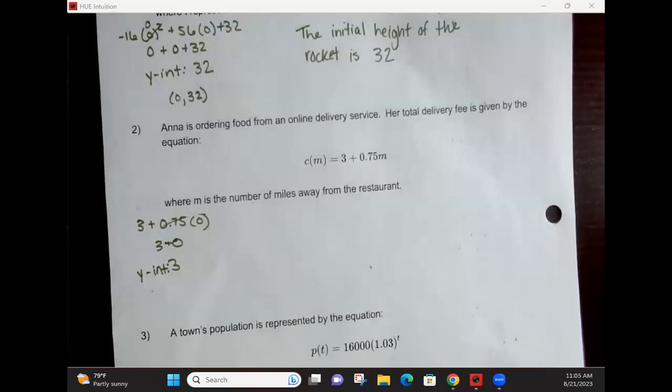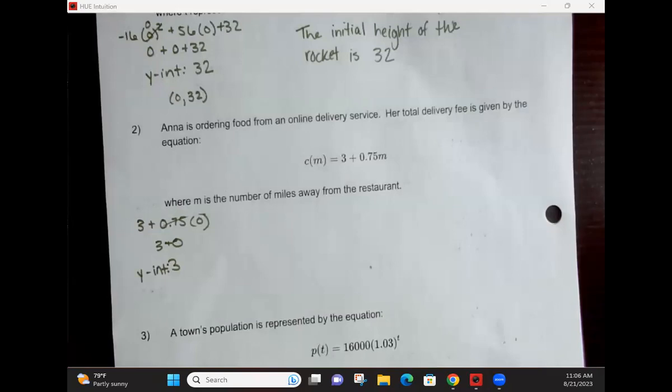I want you to think about some of the example problems we saw for our linear functions in Algebra 1, where we talked about the cost of a taxi or a ride share. There's usually a charge per mile and then an initial fee or a booking fee of some kind. Or we talked about if you have a plumber come to your house, there's usually a service fee and then a charge per hour. So this would be like our service fee.